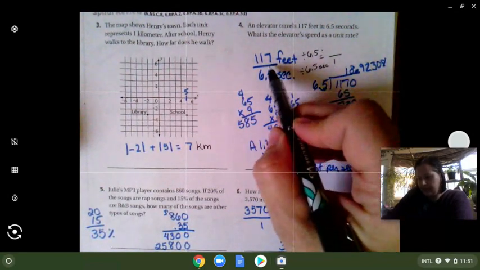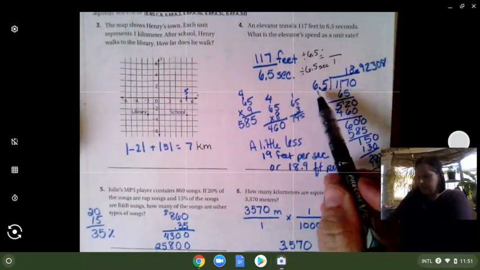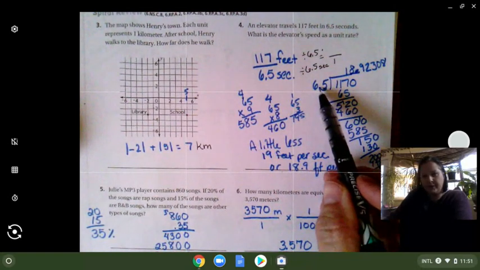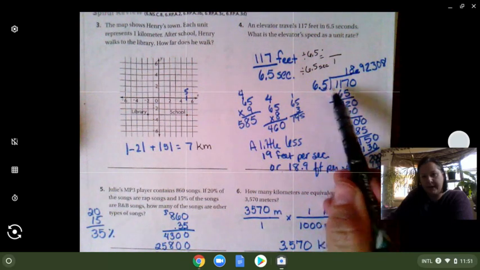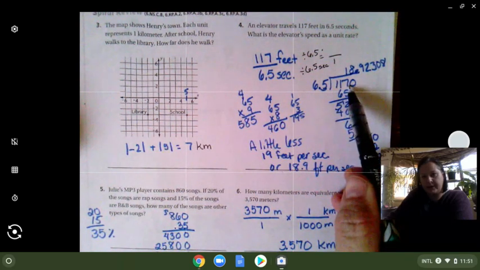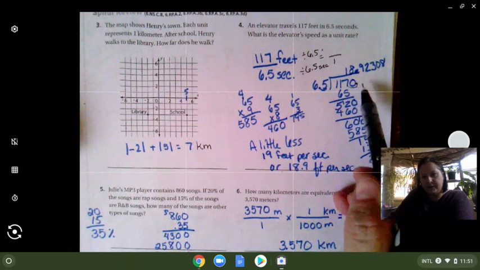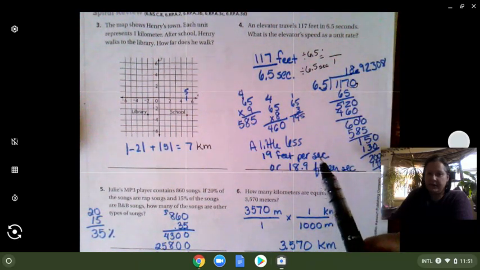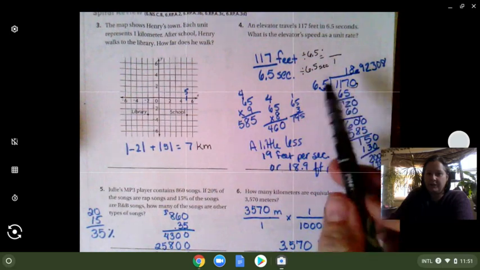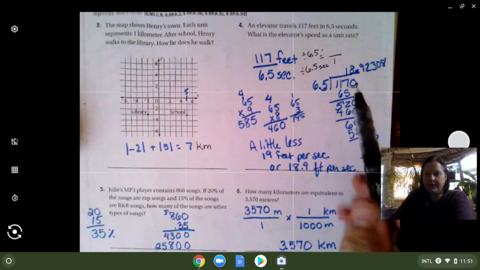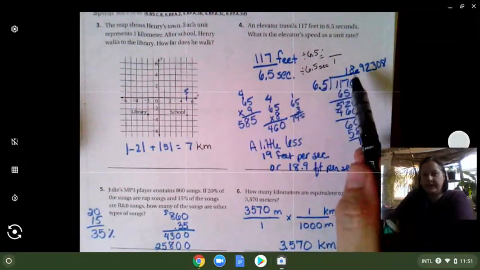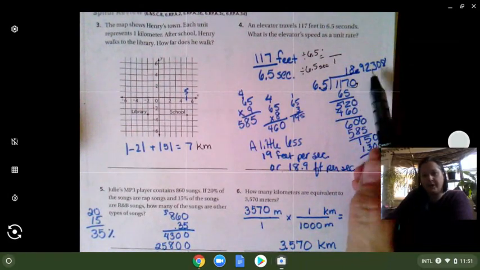and on the top we are going to divide 117 by 6.5. Remember, when you have a decimal in your divisor, you need to get rid of it, and when you do that, you multiply by 10. You also need to multiply your dividend by 10, so we're going to add a placeholding 0 there. And when you do all of this, you could either do it on a calculator or you could do it here. You're going to find that you get 18.9 and then some more units.